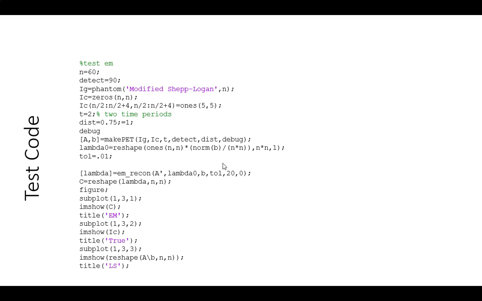Then I just run my code. After that, I get, in essence, my image back, my lambda. I reshape it, and that's my concentration map. So make a figure, subplot it. I call that EM. Make a second one, that's the true value, so I just show IC, that's the actual thing. And then in the far right one, I just reshape A/B, that's least squares. You're not familiar with that notation?